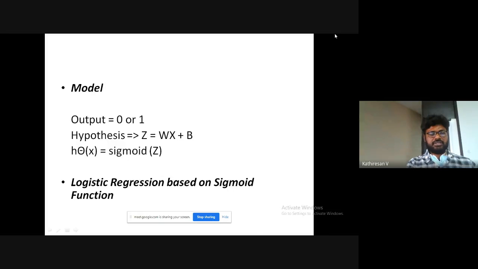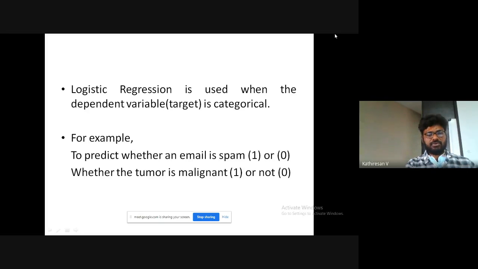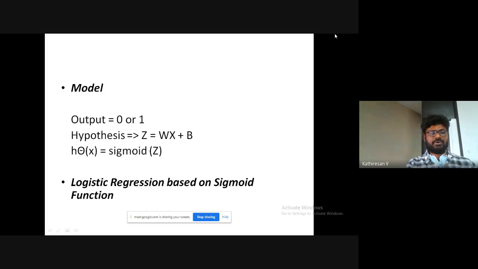Now just look into this equation. By looking at it, you can understand how this model is working.